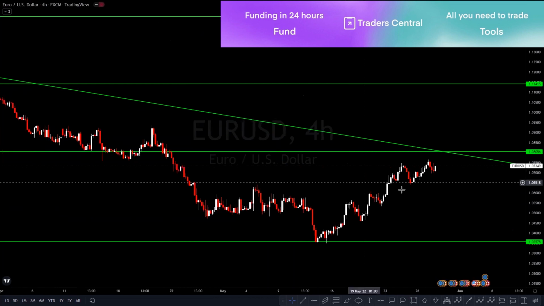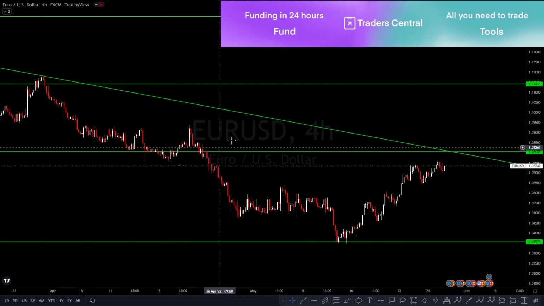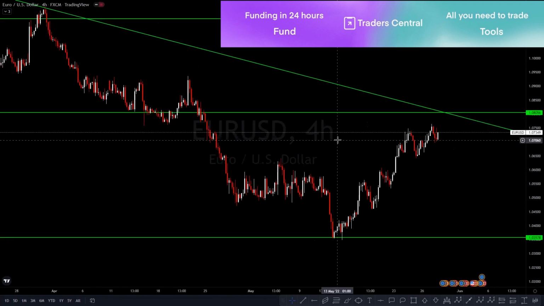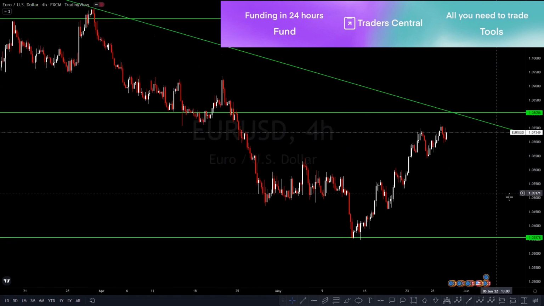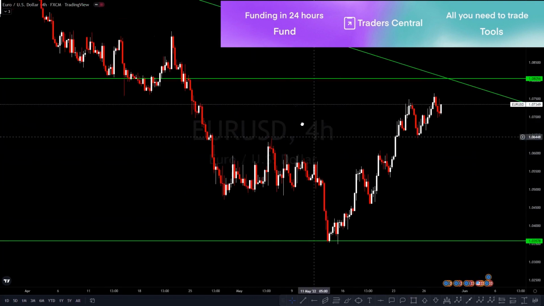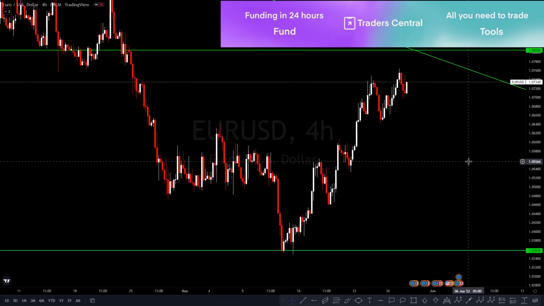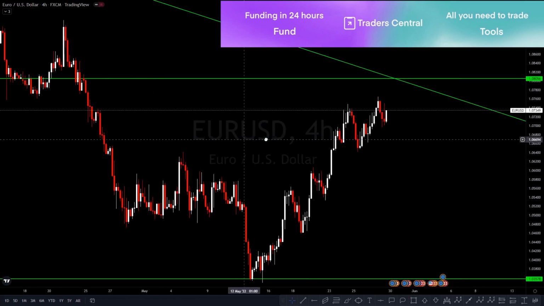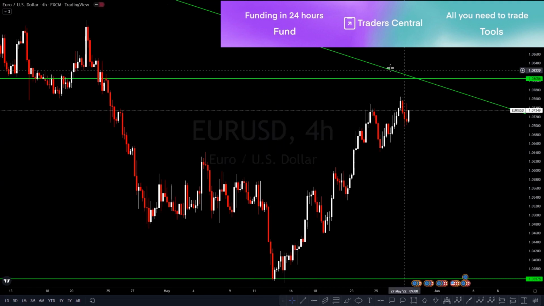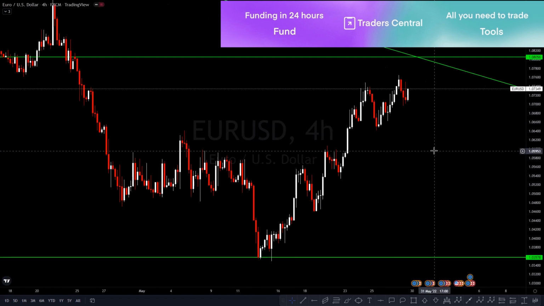So right now this is the 4-hour time frame, and of course, by mere looking, you should be able to tell me whatever is happening on the 4-hour time frame right now. So you can see, remember, we plotted this support and resistance on the daily time frame, yeah? This is our major resistance level, and this is our trend line on the daily time frame, yeah?